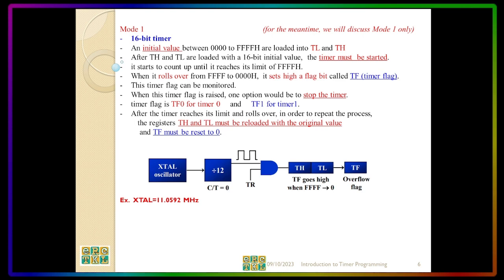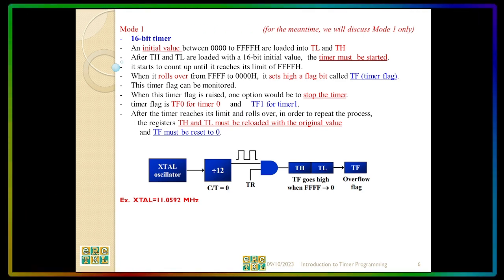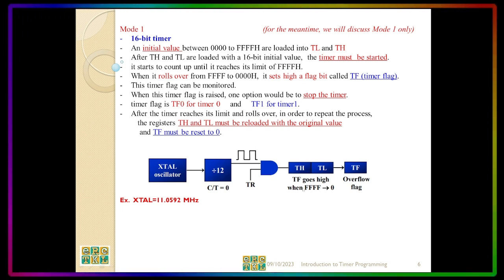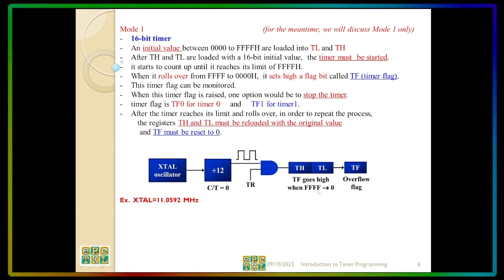And of course, we will start the timer by making TR equal to 1, and then it will start counting from an initial value of TH or TL, whatever that value is, and it will count up to FFFF. When it reaches FFFF, it will be going back to 0, and that's what we call rollover, and the timer flag will become 1.